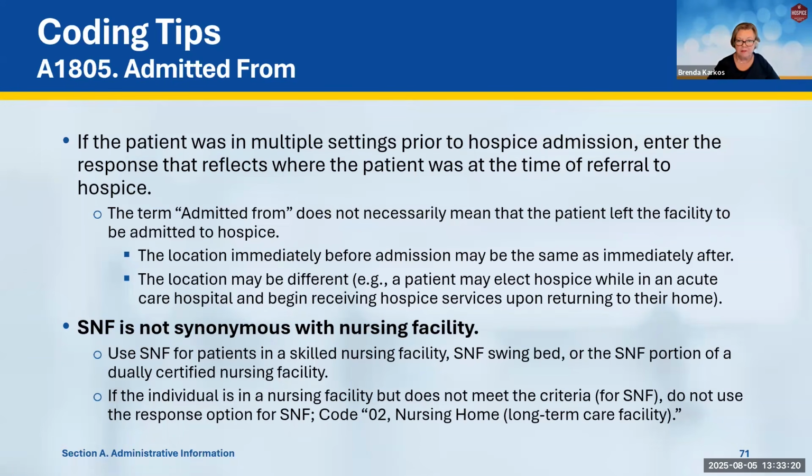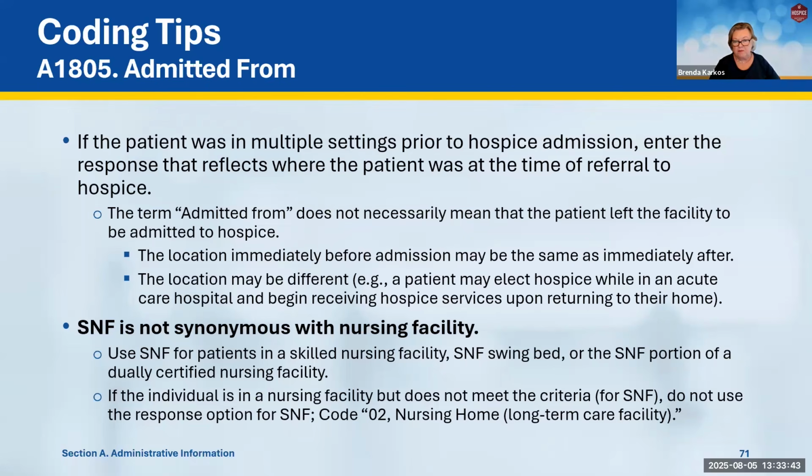The term admitted from does not necessarily mean that the patient left the facility to be admitted to hospice. The location immediately before admission may be the same as immediately after, or the location may be different, such as a patient who elects hospice while they're still in the acute care hospital, but they begin hospice services once they return home.